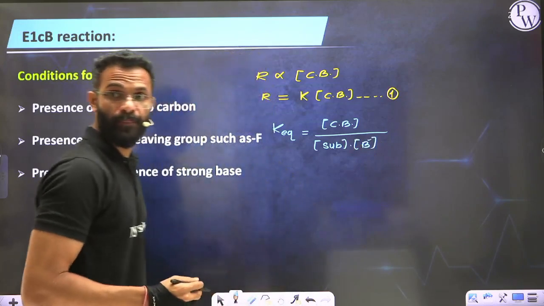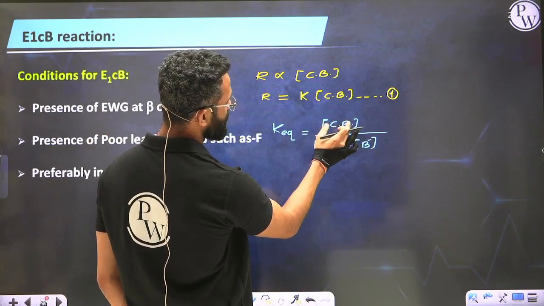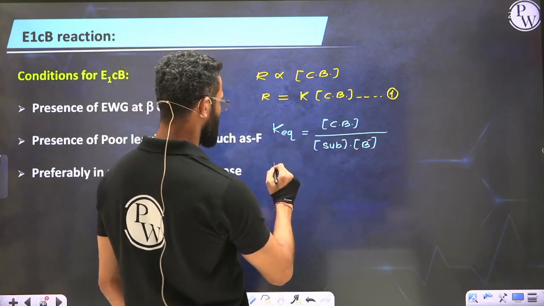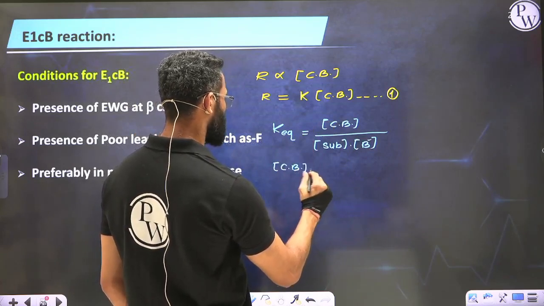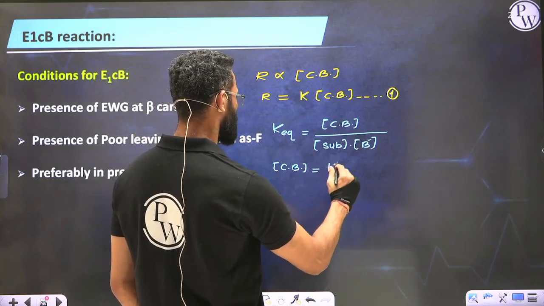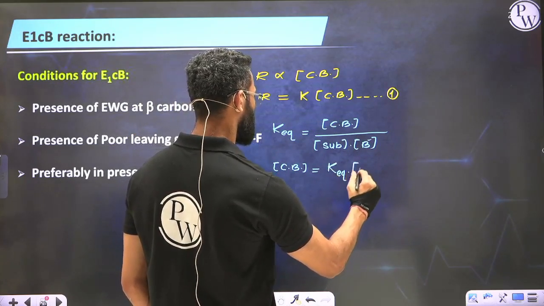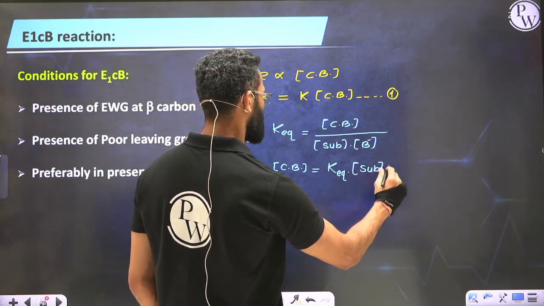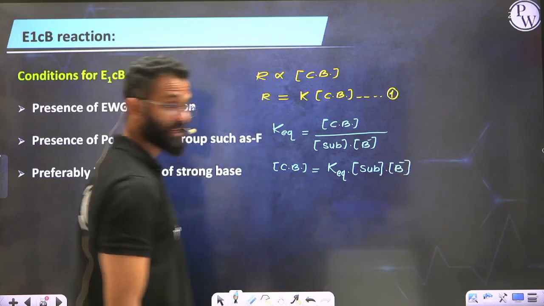Right? Now since I want to find out the value of the conjugate base, I'll keep the numerator here, and whatever is in the denominator, if I bring it to the right, I will get the expression in terms of the conjugate base. So the molar concentration of conjugate base is equal to K equilibrium into molar concentration of substrate into molar concentration of base.